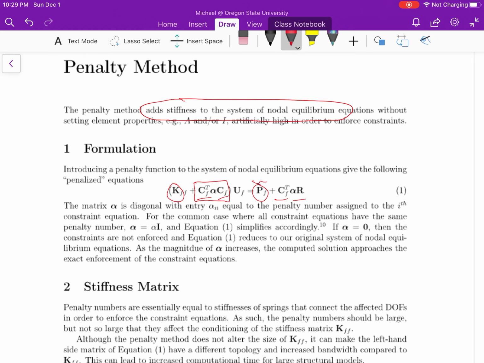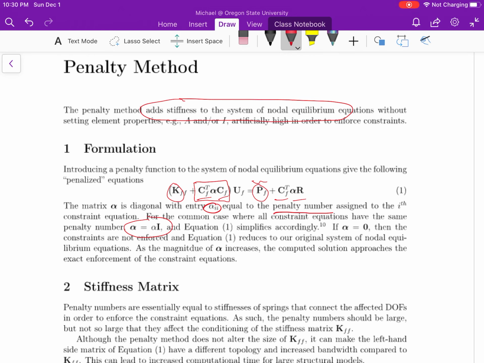So CF is the constraint matrix. Alpha is a matrix that's diagonal with every entry alpha ii equal to the so-called penalty number assigned to the ith constraint equation. Usually the penalty numbers are the same for all the constraints, so alpha just reduces to a scalar times the identity matrix. But as alpha gets higher and higher, we're adding more and more stiffness into our system of equations.